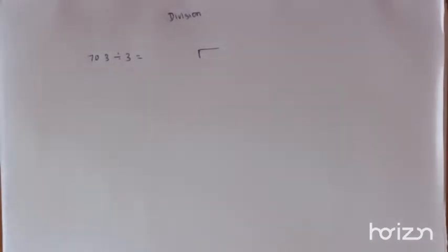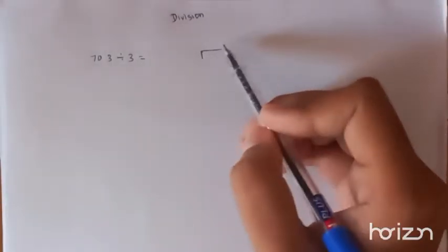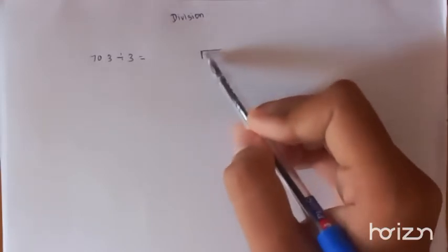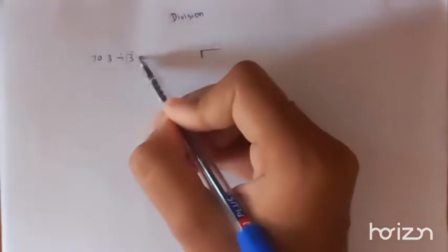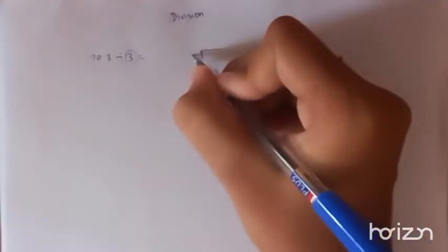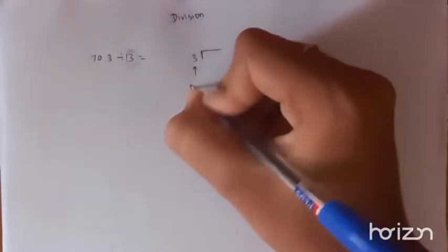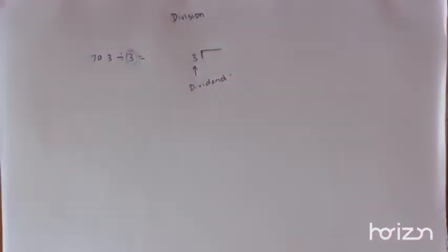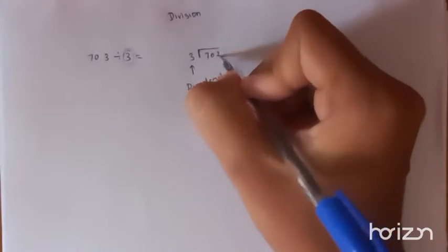So what we will be doing over here is drawing a bus stop. This method is actually called the bus stop method. We will be drawing a bus stop and putting the number we are dividing on the inside of the bus stop.